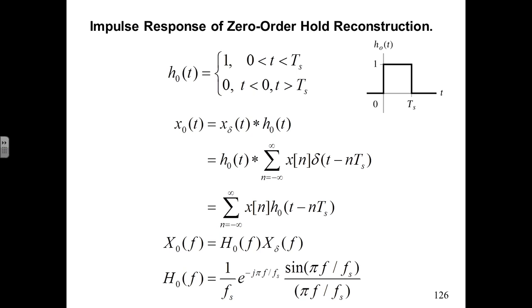We have a 1 over fs scale factor. We also have this exponential term, e to the minus j pi f over fs. That represents a time delay of half the width of the sampling interval. In terms of how that will affect our frequency response, that's not going to affect the magnitude response at all. That's going to only affect the phase of the frequency response.